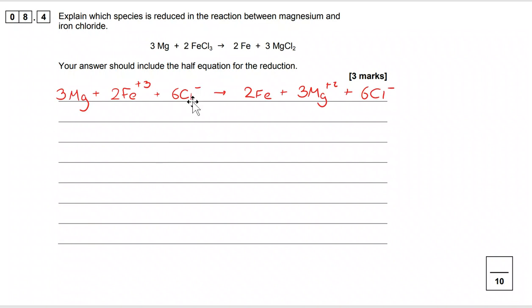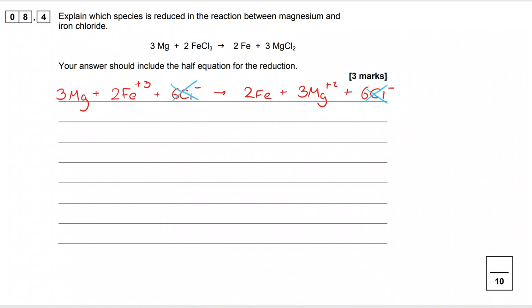So I break those down. My Mg and my Fe stay the same, but once I've got my 2Fe3+ and my 6Cl-, my 3Mg2+ and my 6Cl-, I can start to identify spectators. I've got 6Cl- on both sides of the equation, so I'm going to disregard it.